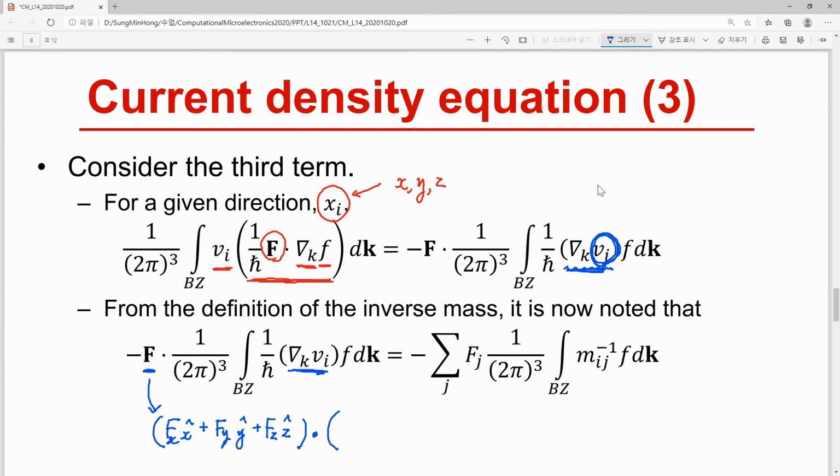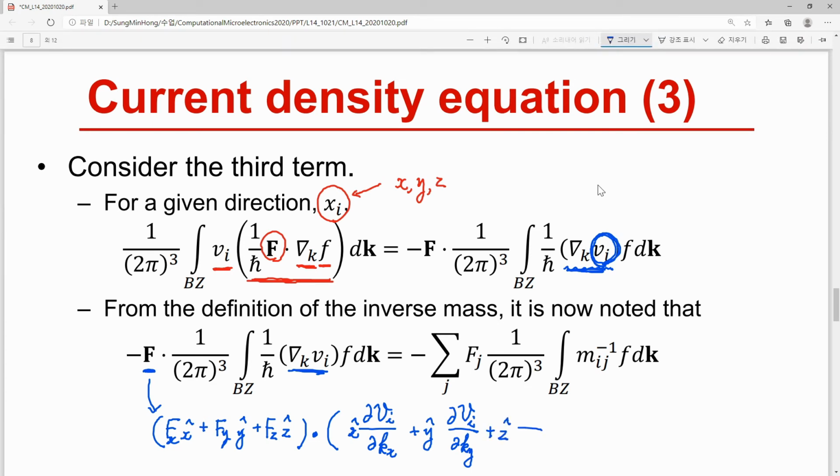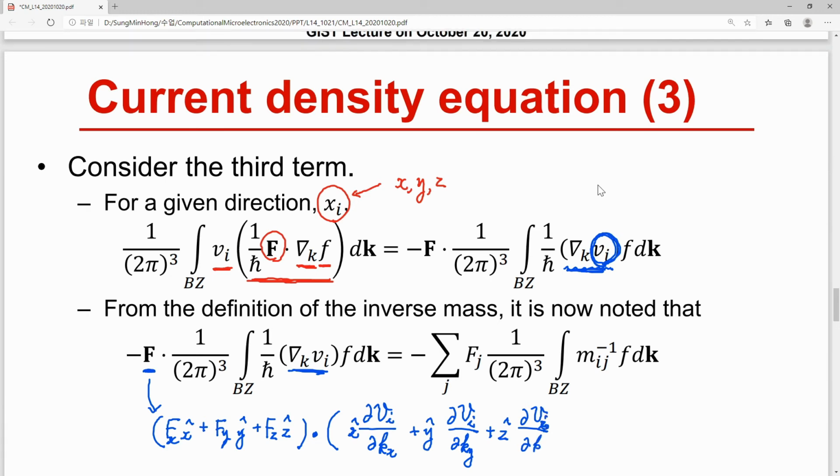And here we will have something like this. Here, ∂v_i over ∂k_x in the x direction, and ∂v_i over ∂k_y in the y direction, and eventually ∂v_i over ∂k_z.